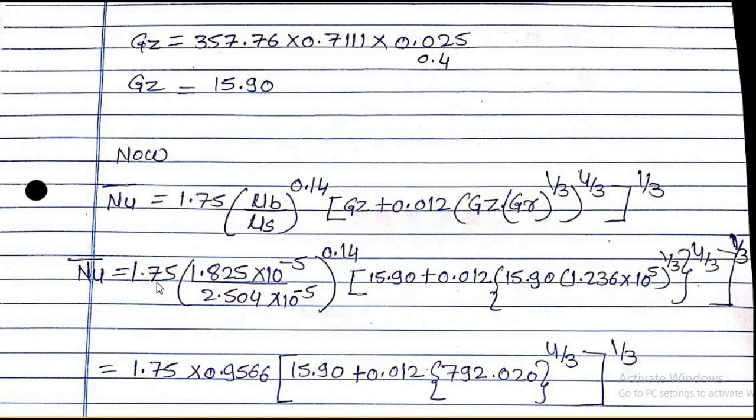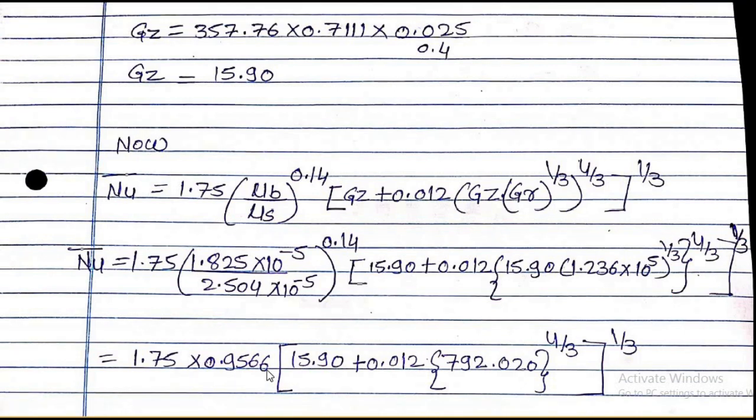So the average Nusselt number is equal to 1.75 into the bracket, mu suffix b value 1.825 into 10 raised to minus 5, and mu suffix s value 2.504 into 10 raised to minus 5, raised to 0.14. The Graetz number we calculated as 15.90, plus 0.012 into bracket, once again the Graetz number 15.90, multiplied by 1.236 into 10 raised to 5, the Grashof number value, raised to 1 by 3, curly bracket complete raised to 4 by 3, and square bracket raised to 1 by 3.